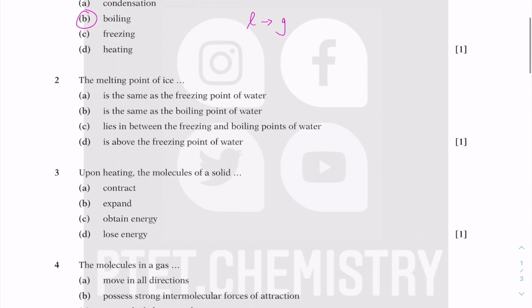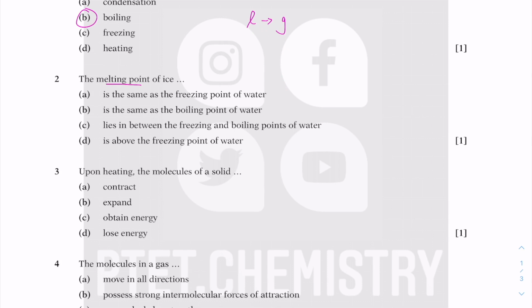Right, the melting point of ice is where you go from solid to liquid in your heating curve. But you should know that this is also equal to the liquid to solid change in the cooling curve.